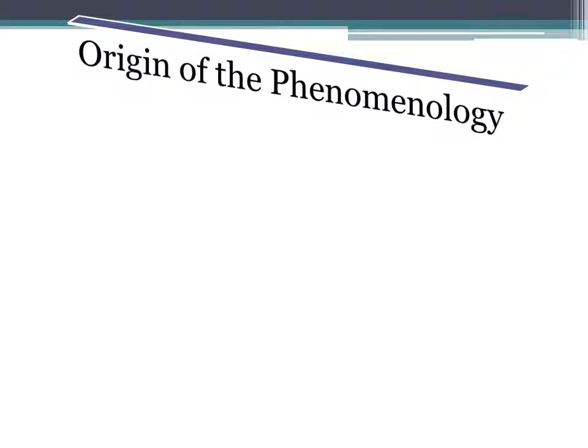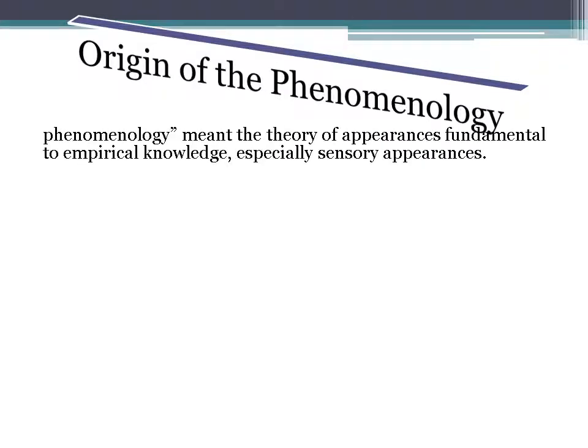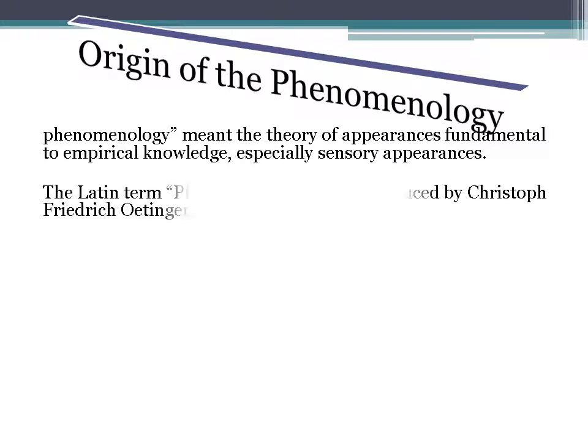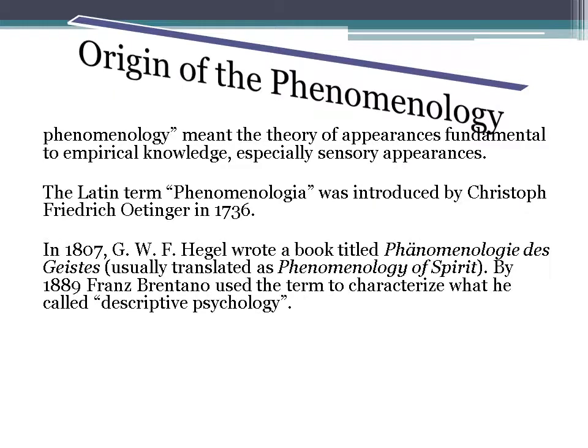Next, we do have the origin of phenomenology. The word phenomenology means the theory of appearance fundamental to empirical knowledge, especially sensory appearance. From the Latin term phenomenologia, it was introduced by Christoph Friedrich Oetinger in 1736.